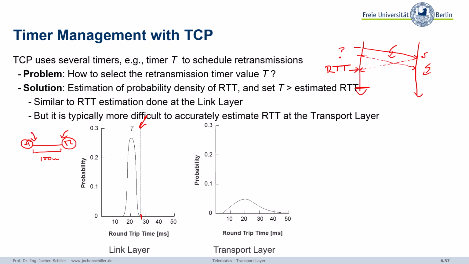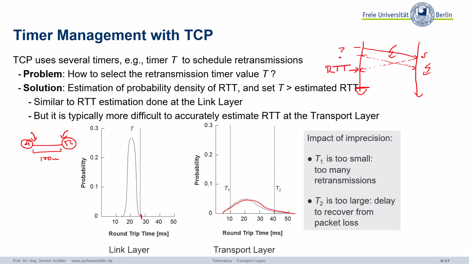Okay, but on the transport layer, it's way more complicated. You have many fluctuations. You have a whole network, and maybe the network is a bit congested. Maybe the router takes a bit longer. Maybe you have different paths. And that actually smears out this probability somehow. So what to pick?